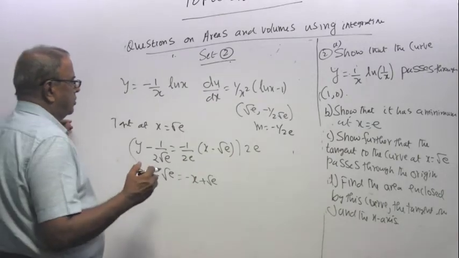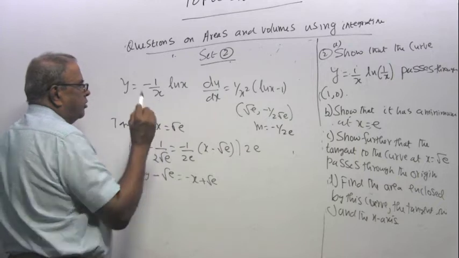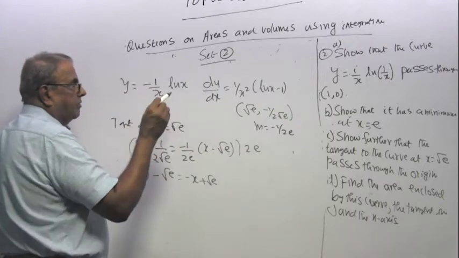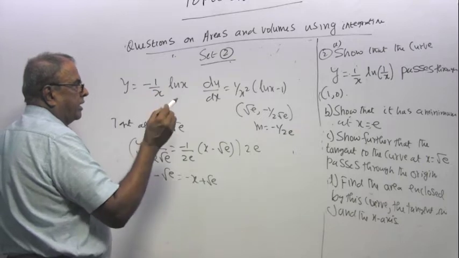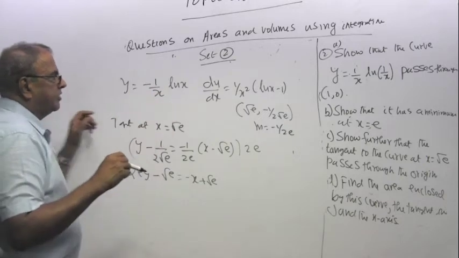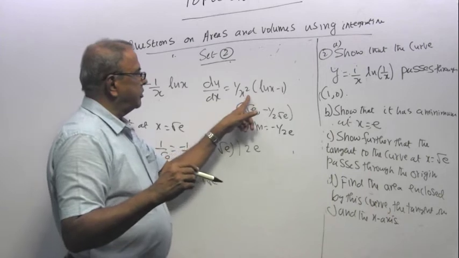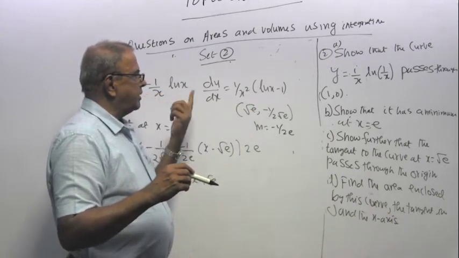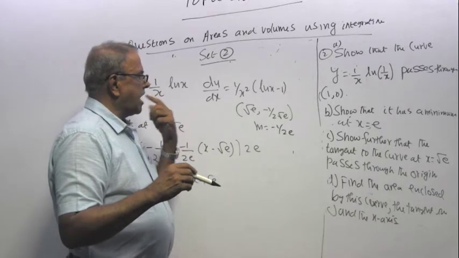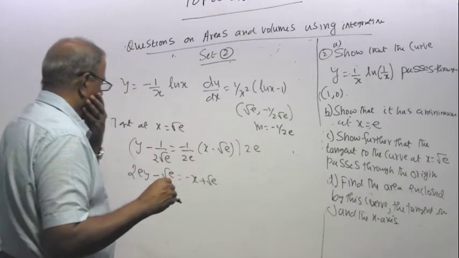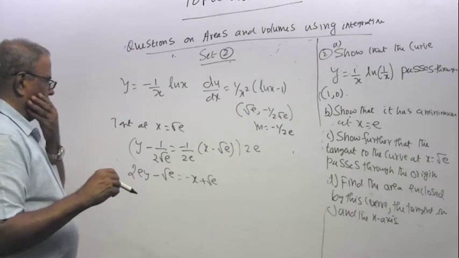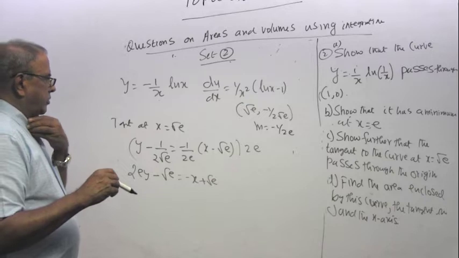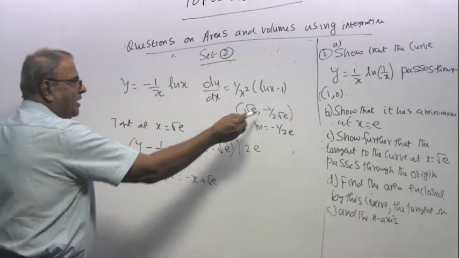y equal to minus 1 over root e times ln e power half. So that's okay. dy by dx is 1 over x squared times half minus 1, minus half. So minus 1 over 2e. The gradient is minus 1 over 2e. You see?